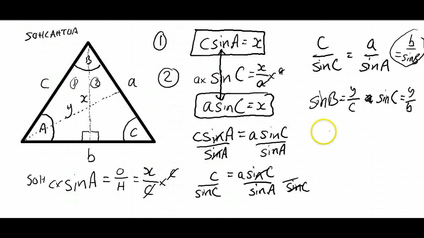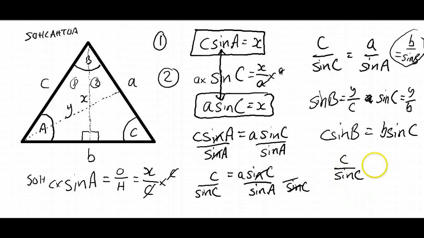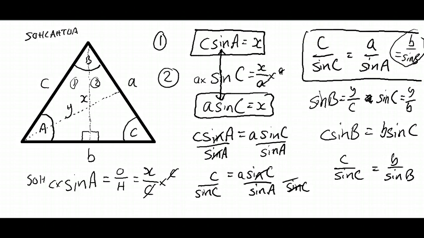So we can end up with C sine B is equal to B sine C. Okay, and we can rearrange that to become C over sine C equals B over sine B. And once we've done that, we've shown that B divided by sine B is equal to C over sine C. So we've ended up showing how the sine rule is derived, so how we obtain this equation.